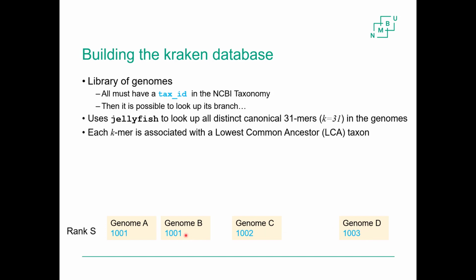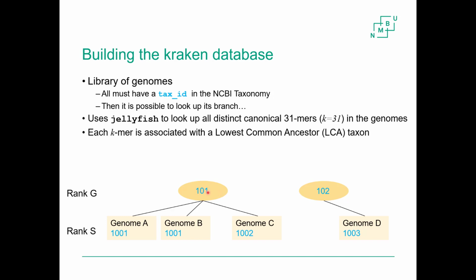Now we can look up these tax IDs in the NCBI taxonomy, and we will find that all the species come from some genus, right? So this is the genus rank, and here are the tax IDs for these 2 genera. These numbers are just random numbers I invented here, but all the tax IDs are integers like this.